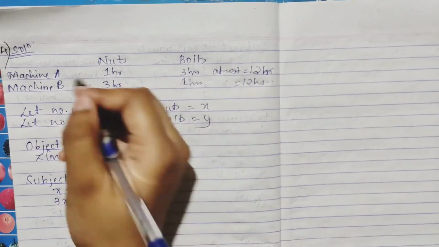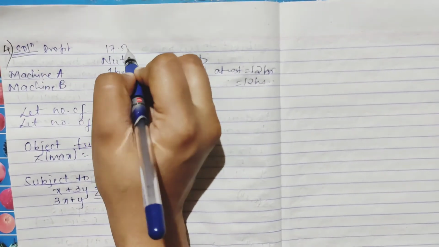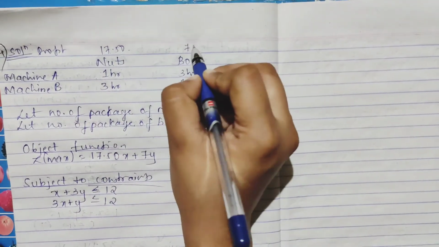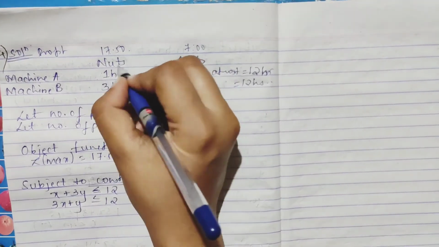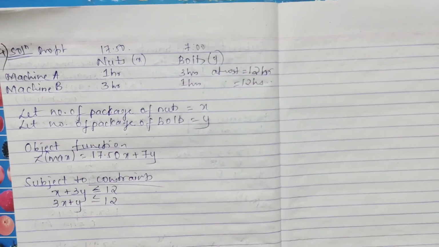Profit they were telling is 17.50 per package, and this was 7 per package. Suppose for one package it takes 1 hour, then for X packages how much does it take, and for Y packages how much will it take?